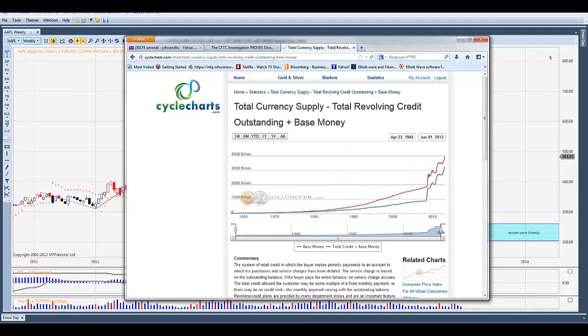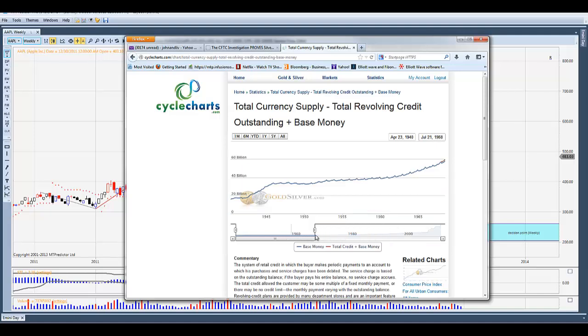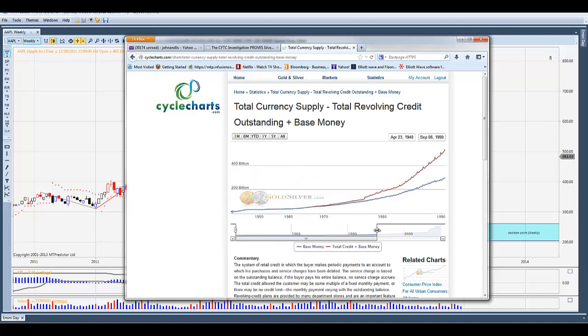And if you go back, what I want to do is compare this to gold. You can see that the money supply was increasing after the war, or into the war, and then when Nixon took us off the gold standard there in '71 in August, the exponential move here. And obviously what happened in 1980 is we saw gold at all-time highs, at least during our monetary history, that $800 level.